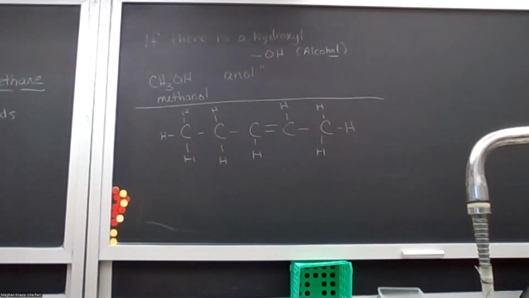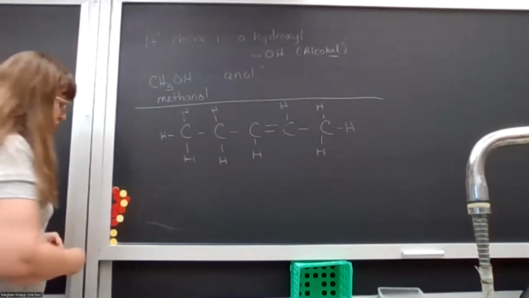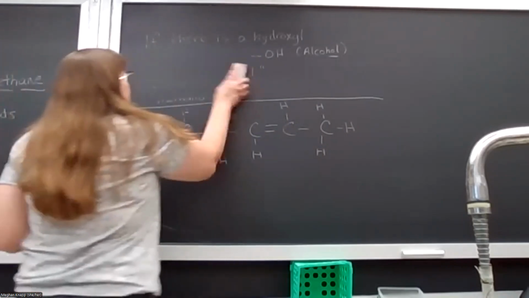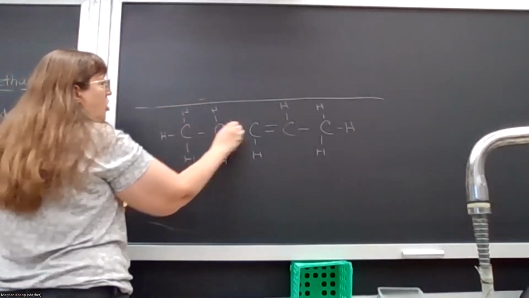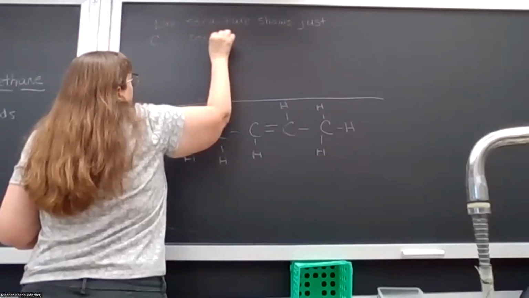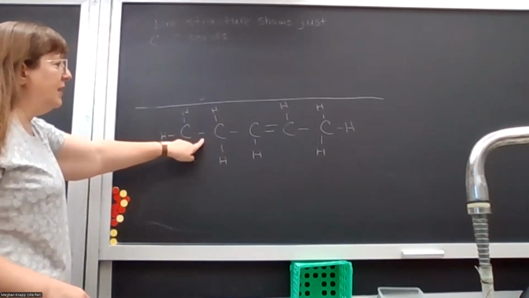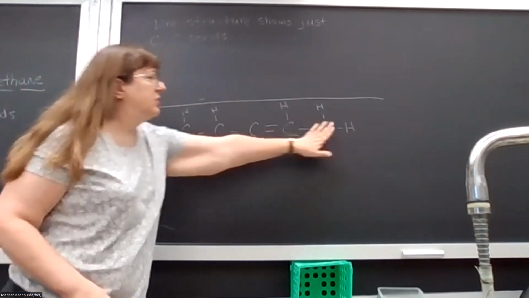So one thing we do is called a line structure. So a line structure, can I erase this stuff up here? Everybody done with that? Okay. A line structure shows just the carbon-carbon bonds, and it shows them whether they're single or double. So I would have one line here, a double line, one line, and that's not a line.